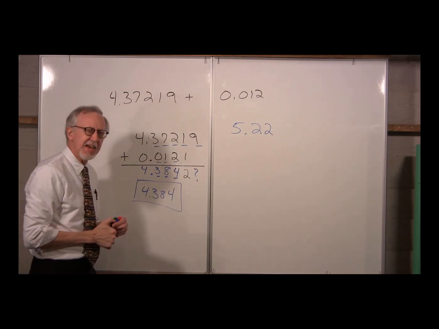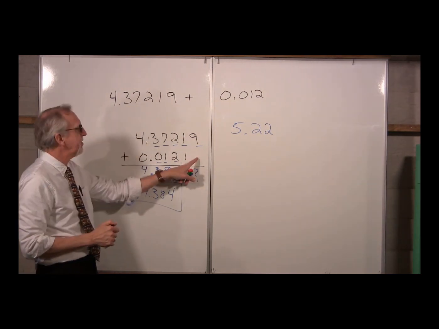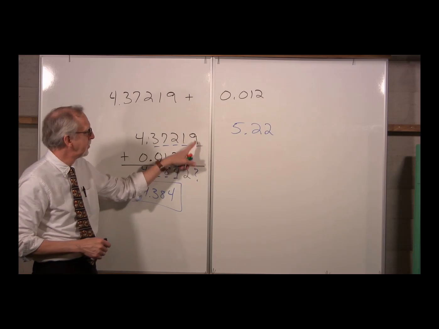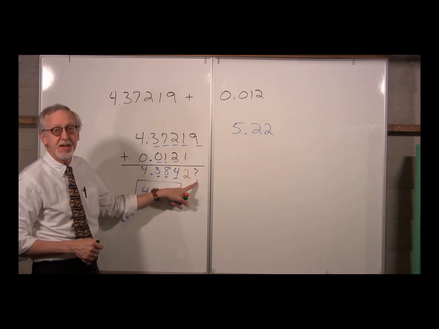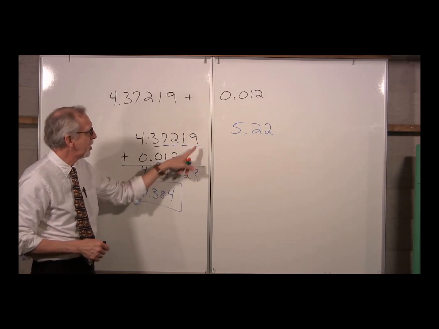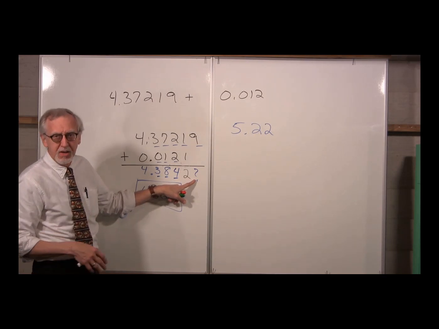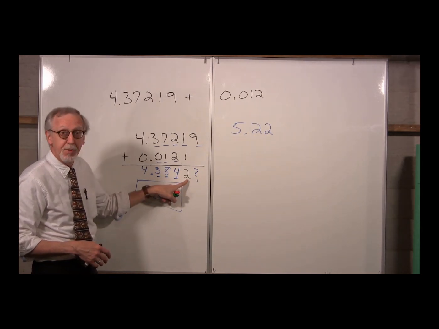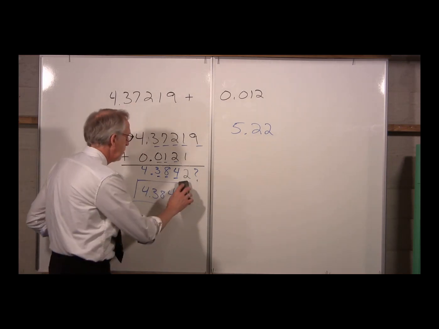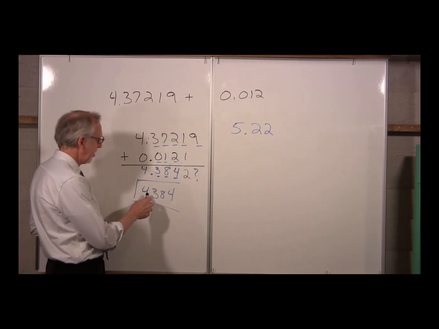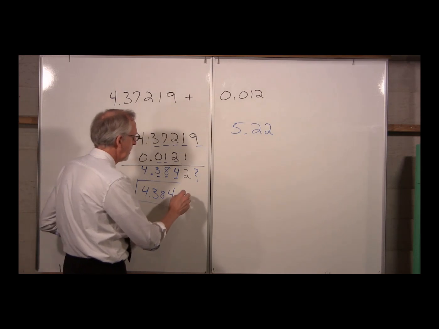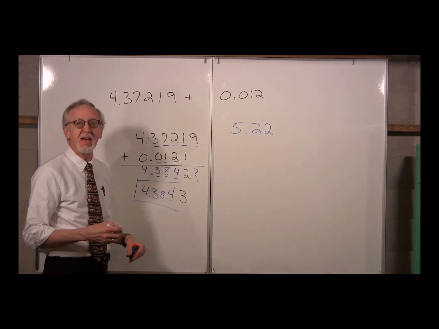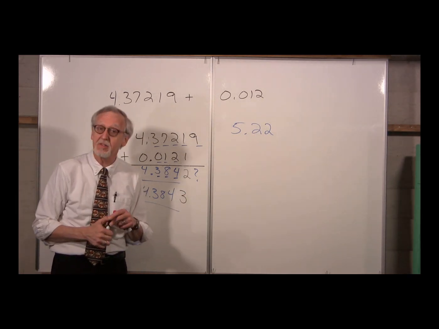Well, notice in this case, even if we don't know what this digit is, we know it's at least going to be a 9. And so, according to the way we're thinking about this, we would round that up to a 3. So we would actually quote this as 4.3843, rounding that up to the next highest value.